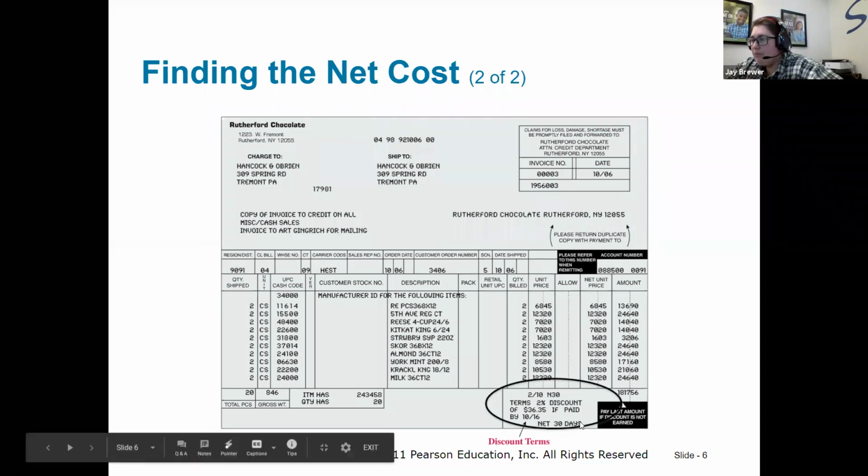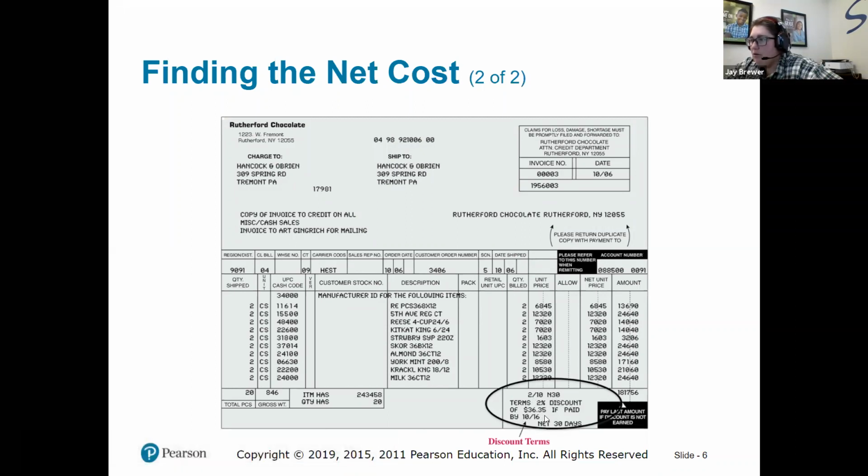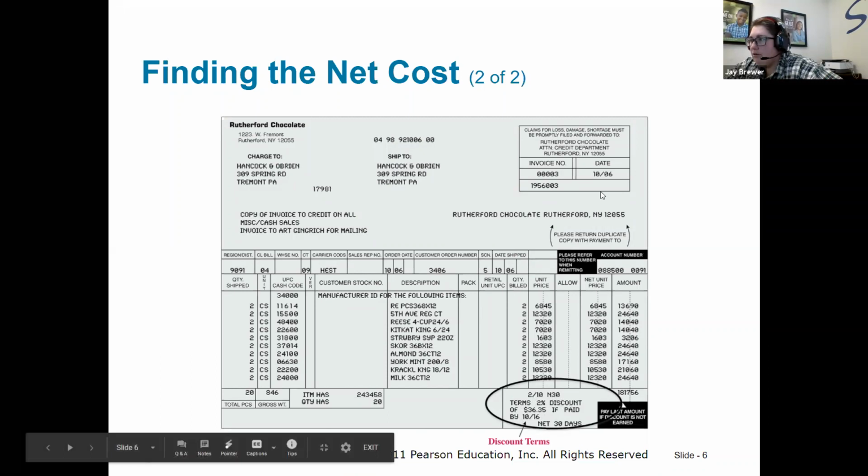So here on the other one, it was up top, but here you'll see the 2/10. I believe that stands for the N, N/30 there is days. So terms 2% discount of 36.35 if paid by 10/16. So where's their due date here?